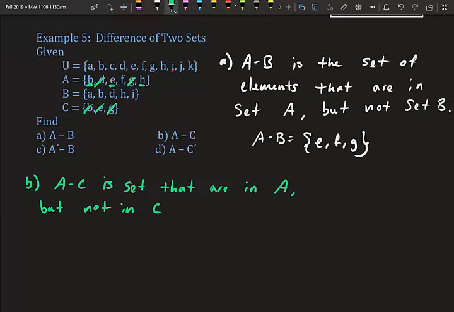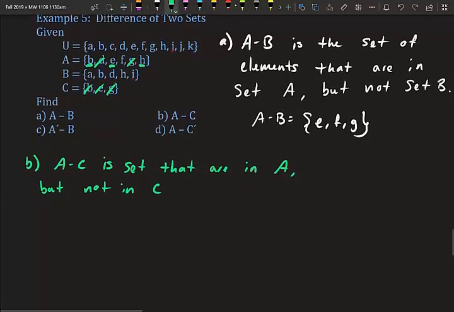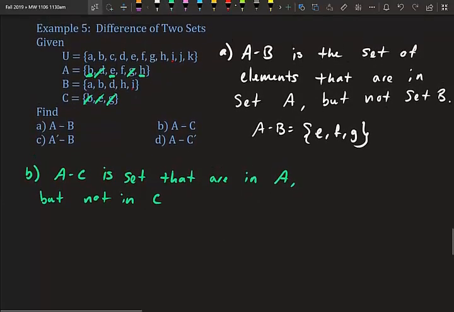So A, E, and, why did I say A? B, E, and... I crossed out the wrong one. My bad. Let's start over. I was canceling out the wrong ones. All right, so what they have in common is B, E, and G. What's left over is D, F, and H.